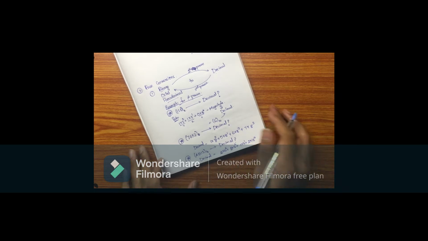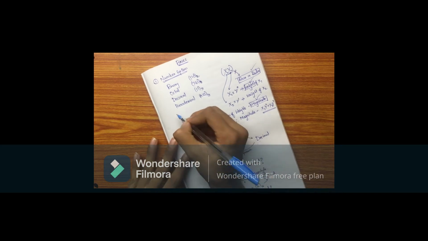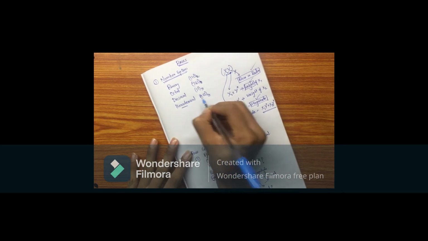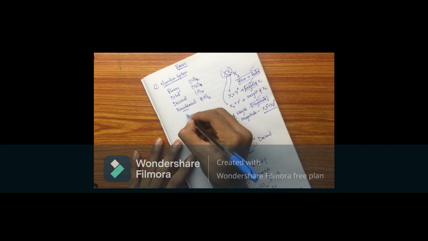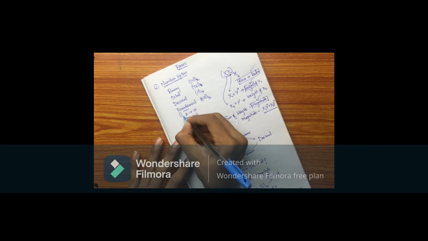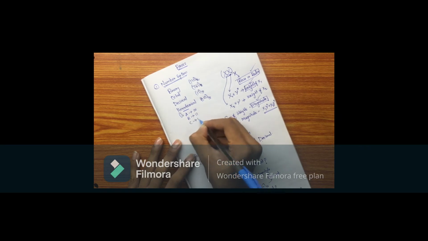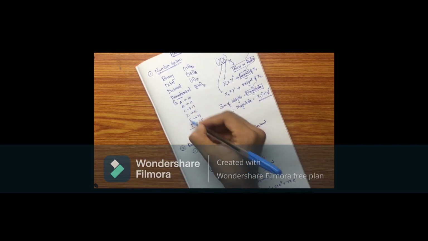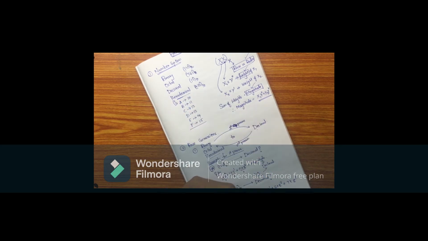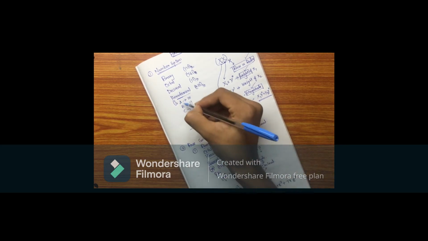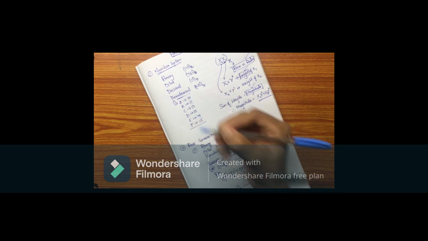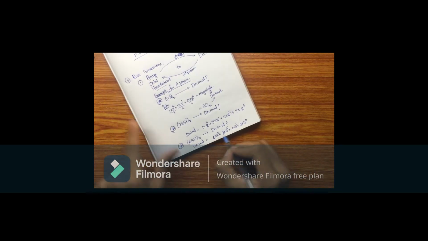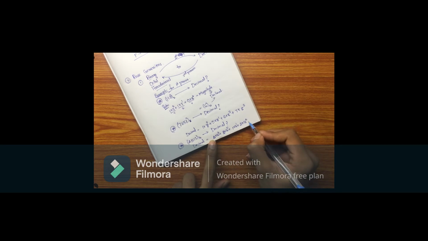So we have an important point. In the hexadecimal system we use the letters A, B, C, D. A has the value 10, B has the value 11, then C has 12, then D has 13. That's it. We use A to F in hexadecimal representation. So we are going to use these values here and find the decimal equivalent.